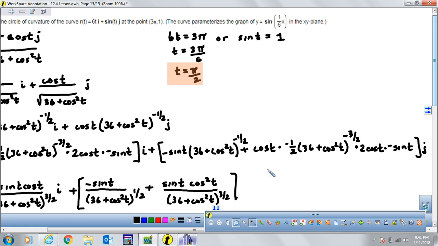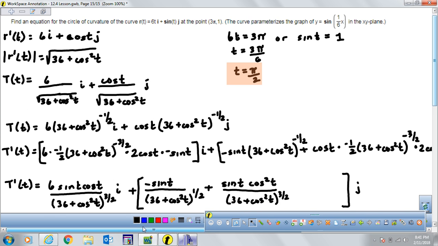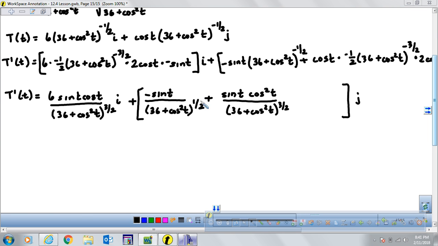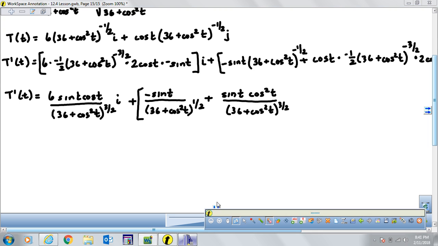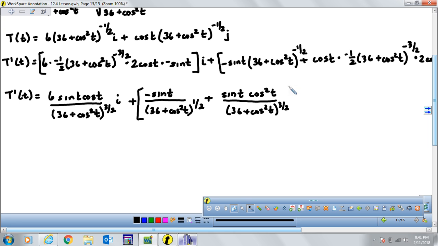I'm going to leave some space because, like I said, we're going to do the same trick on this guy right here. In order for me to simplify that, since we have two fractions, I want to make them into one. I want to make them the same denominator. So if I want to make the same denominator, I need to make this a 3/2 by just multiplying the 36 plus cosine square of t here on the denominator and also on the numerator.